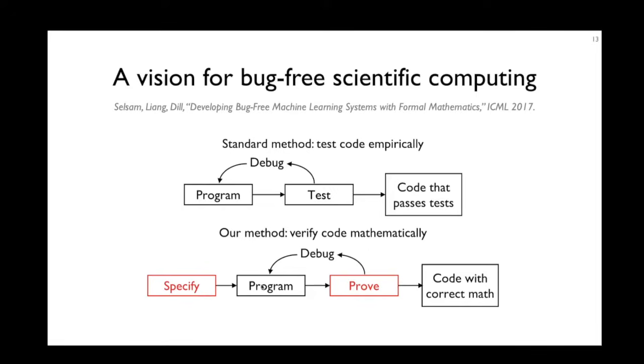Then you write your program, and you try to prove your theorem statement about your program. And if you're unsuccessful in writing your proof, then you'll say, oh, well, I made a mistake as I was writing my program. Or maybe I didn't specify my theorem correctly. But you'll work on this until you have all of the theorems that you aimed to prove being proven. Now you have code with correct math, and this provides a stronger guarantee than simply test-driven development.